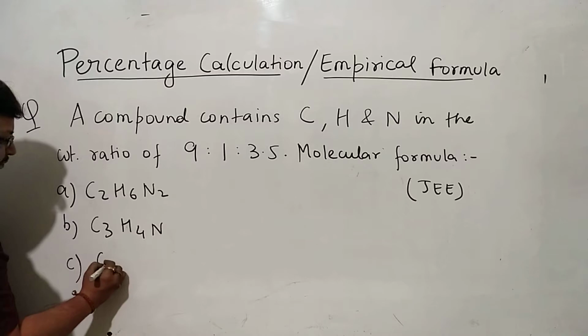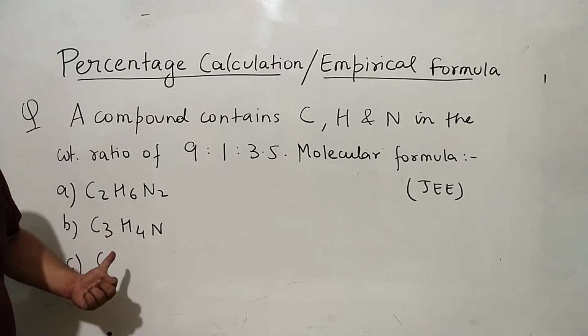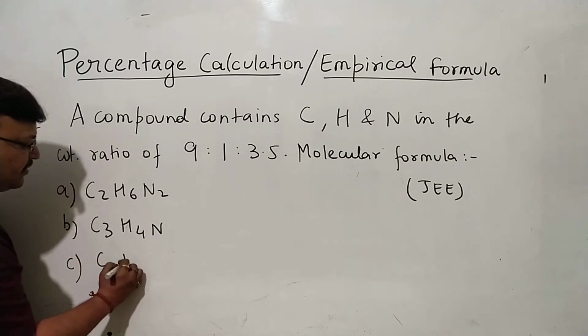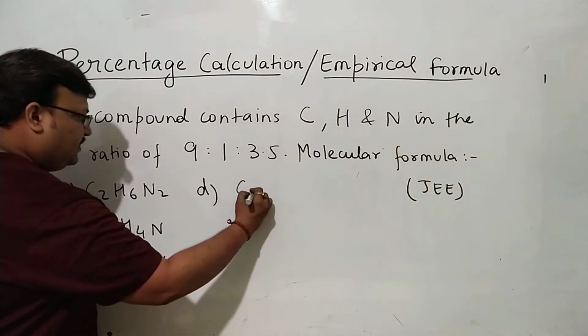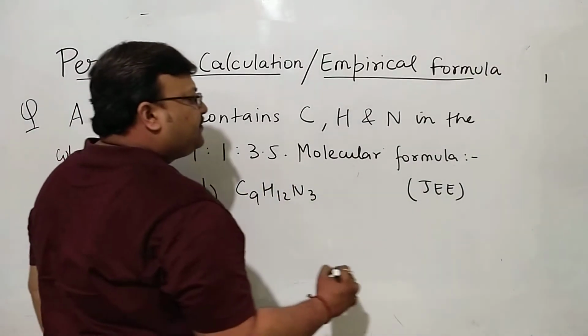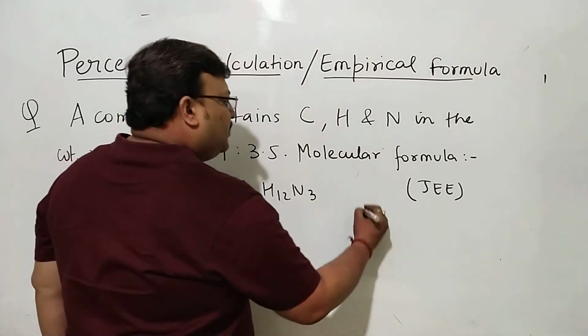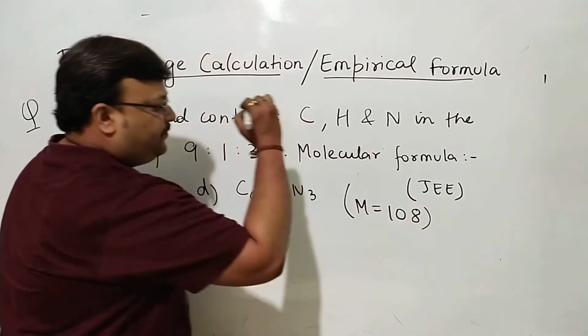Option 3 is C3H4N. Option C is C6H8N2, and option D happens to be C9H12N3. What's also given is the molecular weight of the compound. The molecular weight of the compound is given to be 108.